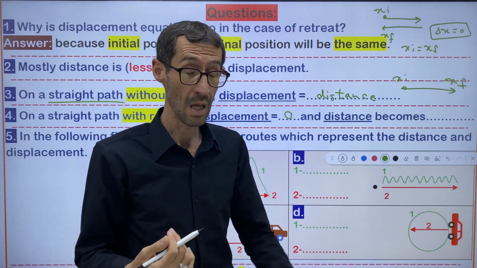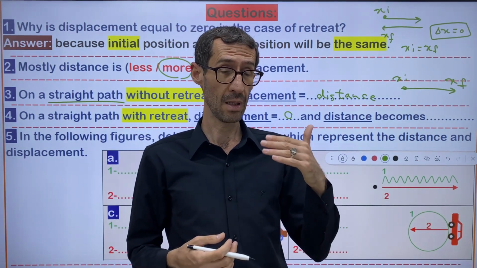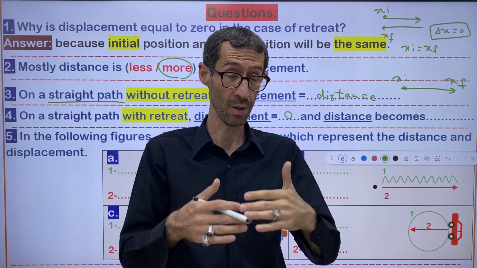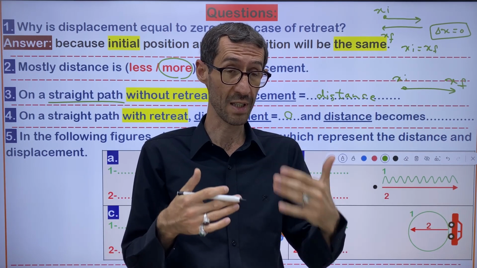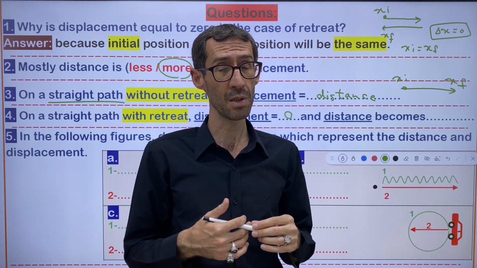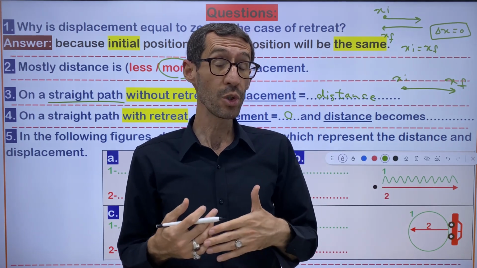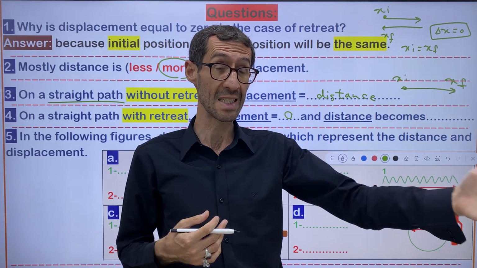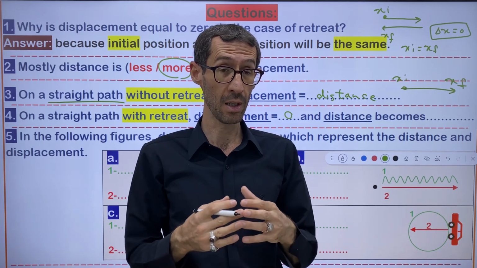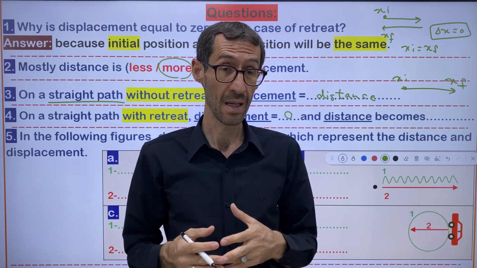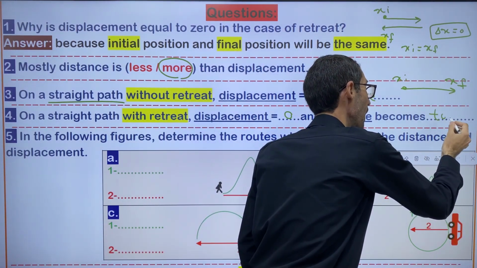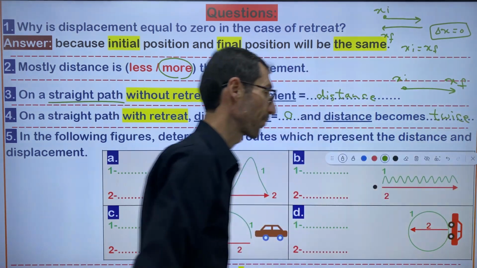distance becomes what? How many kilometers are there between your city and your destination? For example, say, teacher, 100 kilometers. So you travel 100 kilometers, and you come back 100 kilometers as well. That's why distance becomes twice.